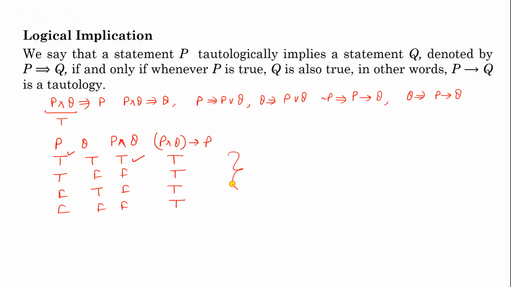So in all cases, this is true. So you can say P and Q implies P is a tautology. It means P and Q tautologically implies P. So it's your choice whether to show the implication using the first way or using this tautology.